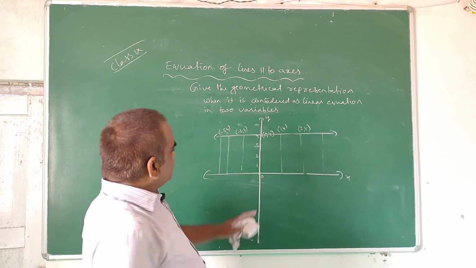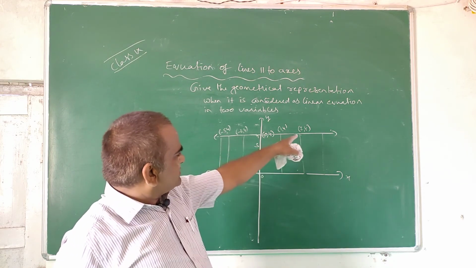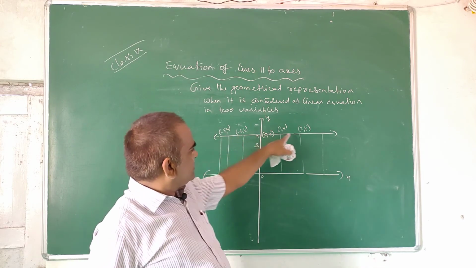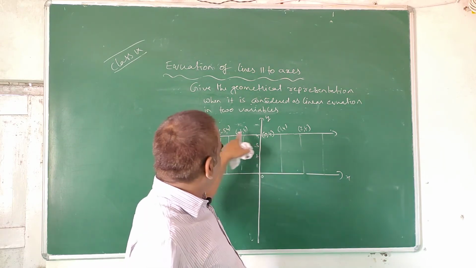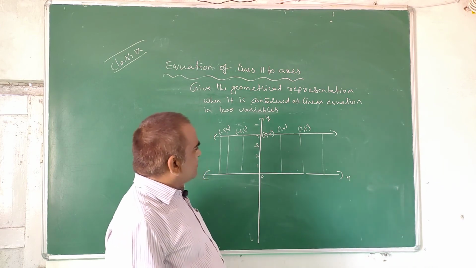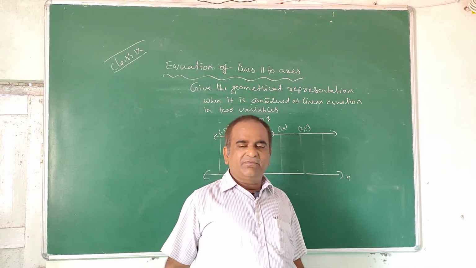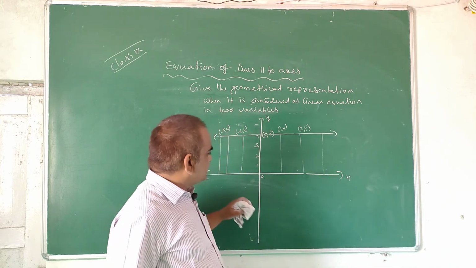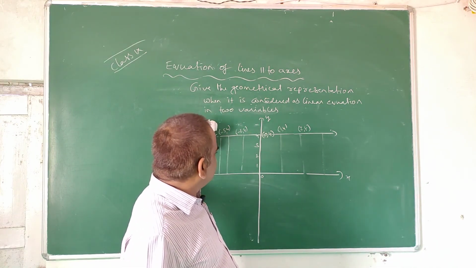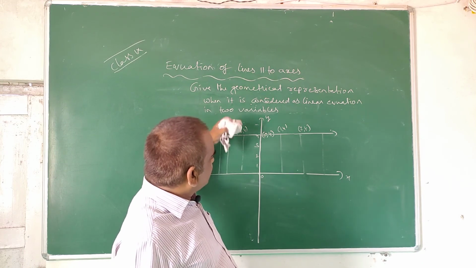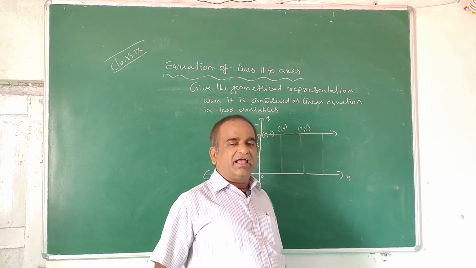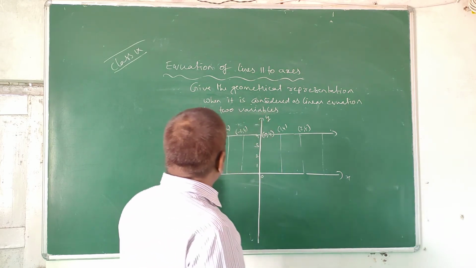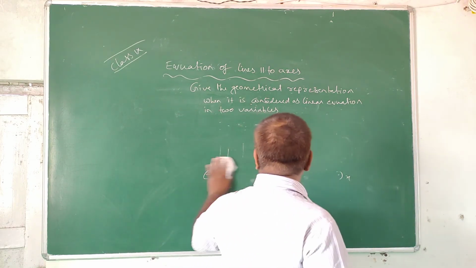So you see, each and every point on this line, you can see that y is equal to 4. So if you treat y is equal to 4 as a linear equation in two variables, then it is a line parallel to the x-axis, and in this particular case it is 4 units above the x-axis. So now what is the conclusion that you can give?